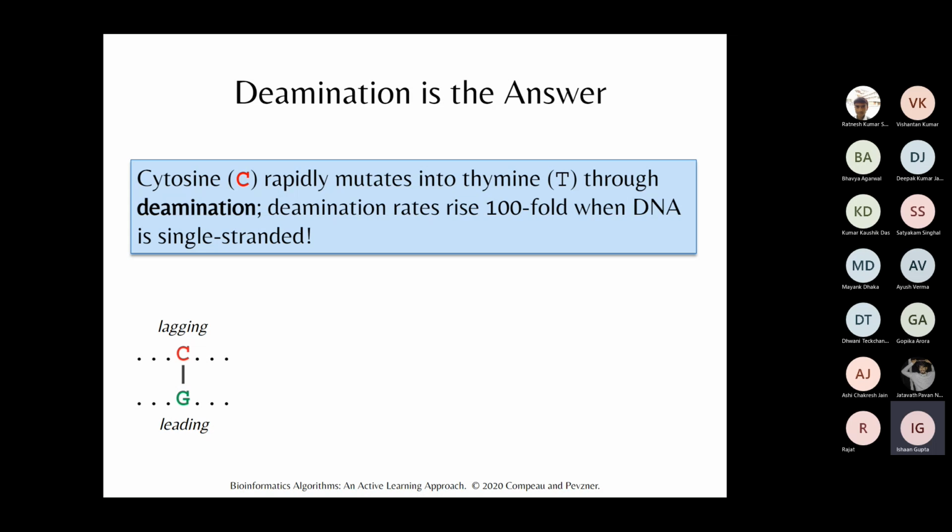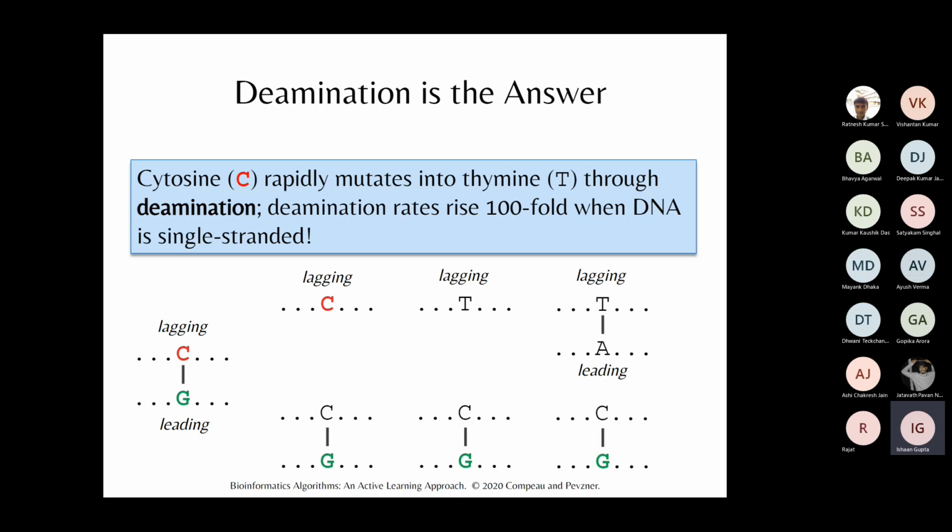So what does this mean? When you have a lagging strand, if you have a C on the lagging strand, then this C is quickly going to get mutated into a T, right? And the leading strand is going to maintain what was there on this strand, right?